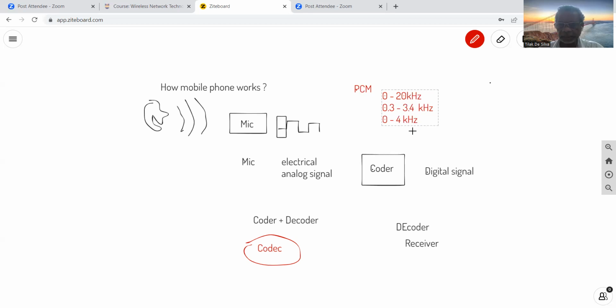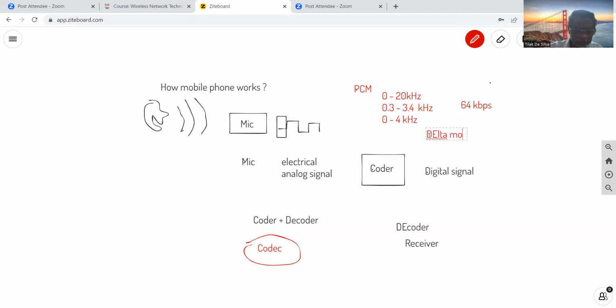So this signal is converted to digital by using the PCM, and the bit rate will be 64 kbps, kilobit per second. But there are some other methods to convert analog signal to digital signal. Another method is called delta modulation.